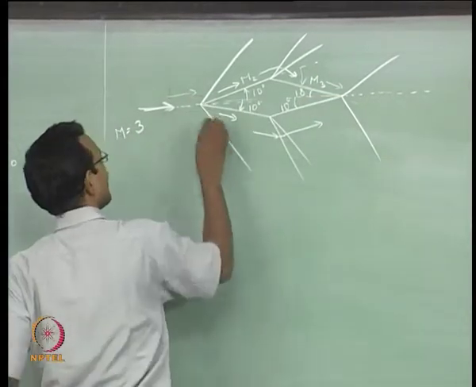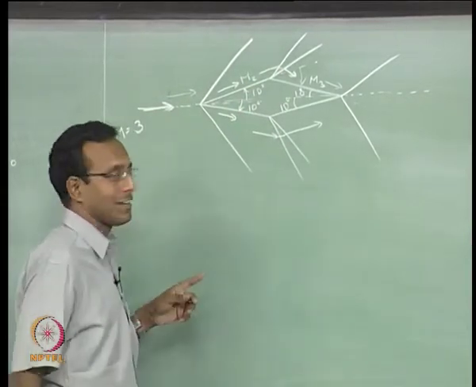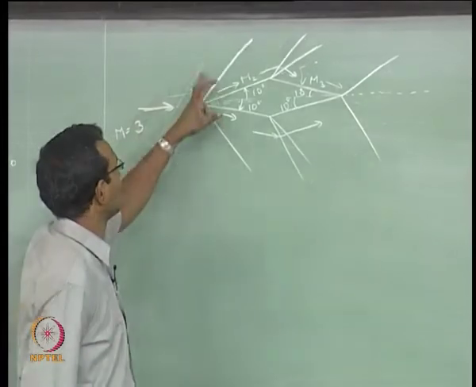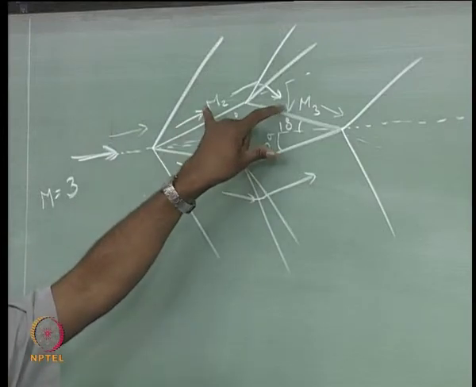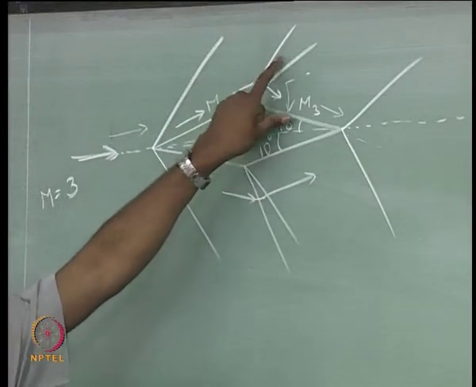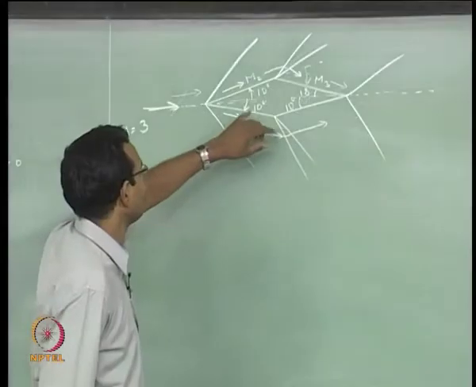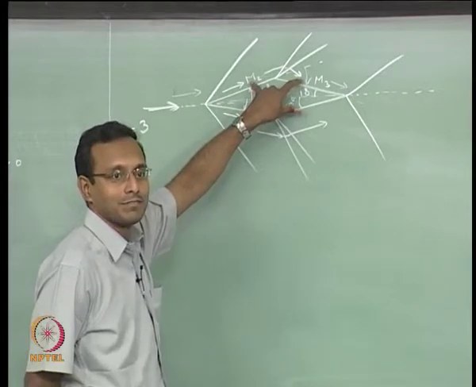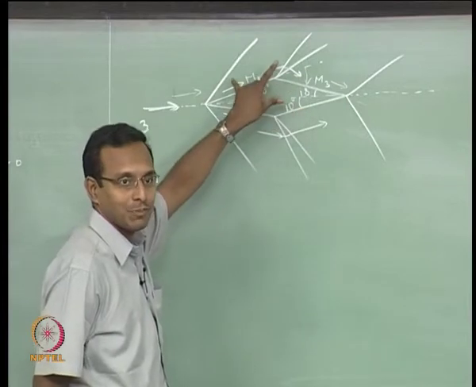Lift is a force going upward, drag is going along the flow direction. So, will it have a drag? It should have a drag. Why? This pressure is higher than this pressure. Why? I am going from here to here through an expansion. Simple enough logic, that is enough to show this. Okay. From here to here, I have gone expanding 2 to 3, which means pressure 3 is less than pressure 2.